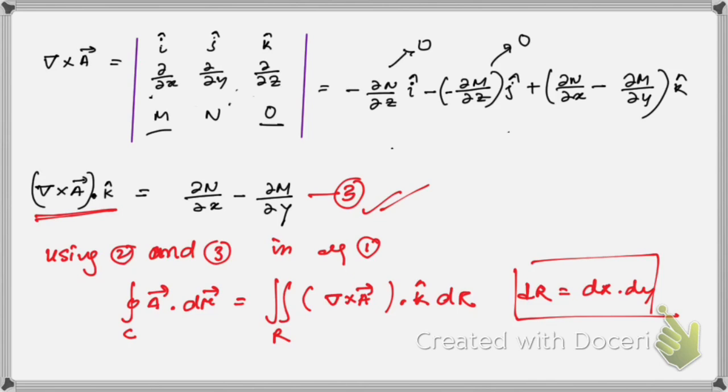So this is what we wanted to show. This is the Stokes-Green's theorem, which can be written in this form. So hope you have understood this. Now let's move on to the next question.